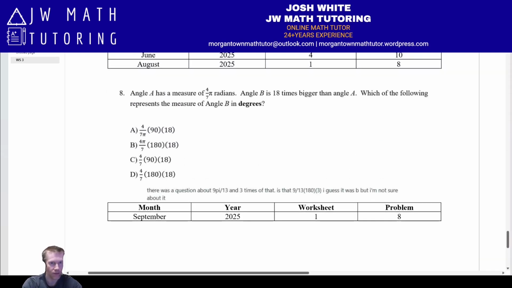All right, so that's it for these, basically what I call repeat problems. I think there were 16 problems in total that I found.